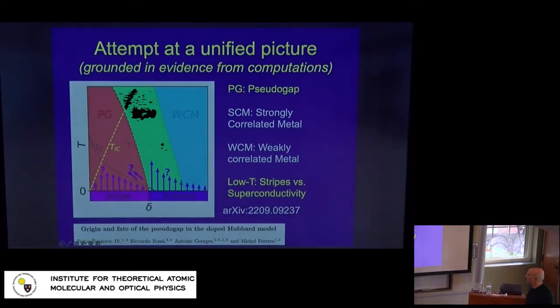Moving to the finite temperature regime, there is an important region here, which is labeled PG for pseudogap, which depicts roughly a boundary below which a pseudogap opens, and I will come back later to what I really mean by that. There are many other lines here that I won't have time to describe in this talk.